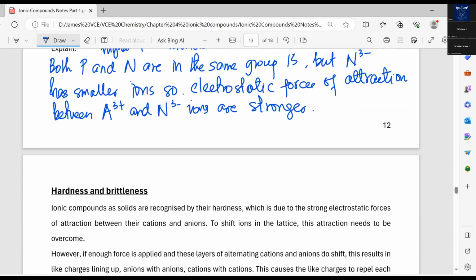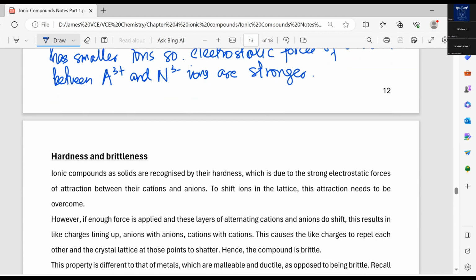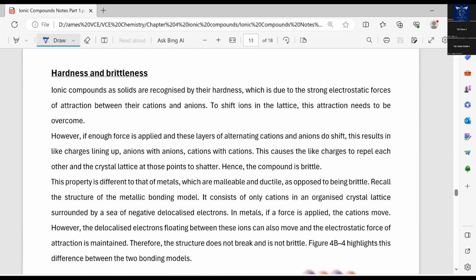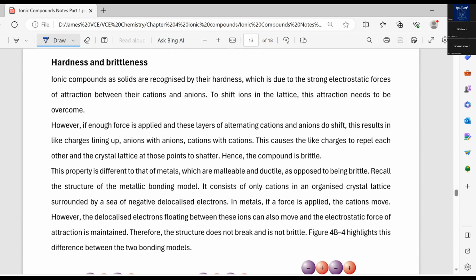The other one is hardness and brittleness. They are generally very hard because of their strong electrostatic force of attraction between their cations and anions. But when you shift this ion lattice, attraction needs to be overcome.